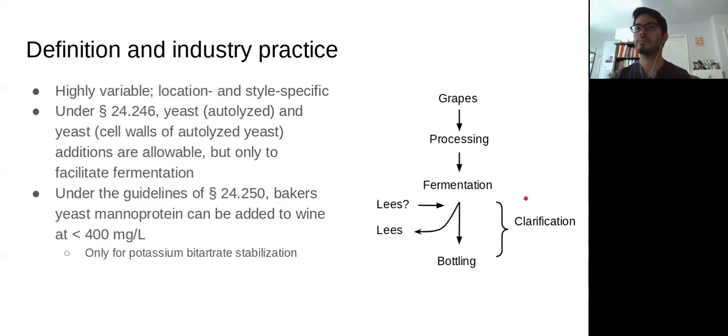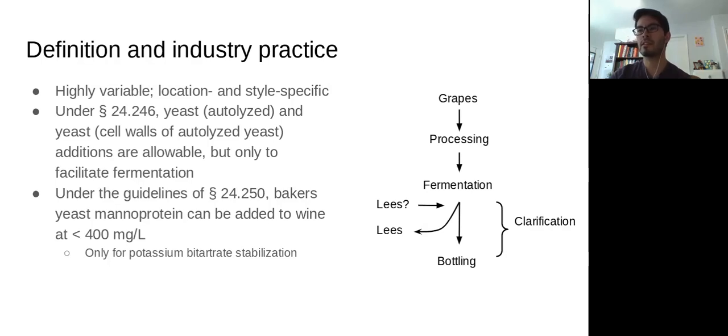So the aging on lees process is highly variable, and it largely depends on location and style. We'd expect a white wine from Burgundy to have a longer lees contact time than a Sauvignon Blanc from Marlborough, for example. In the US, we can add autolysis yeast and yeast cell walls in the winemaking process, but we can only use this as a primary fermentation aid.